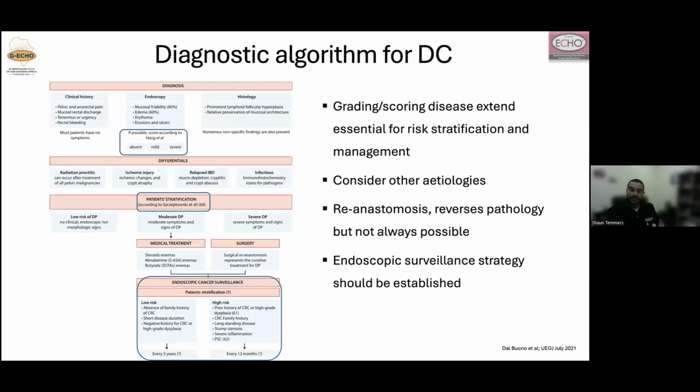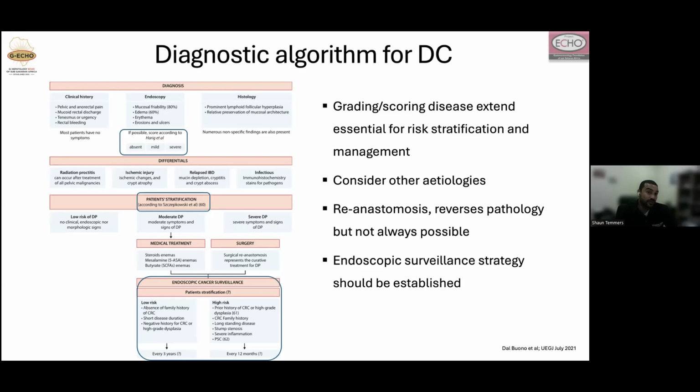So again, the UEG proposed a treatment algorithm for patients that present with symptoms and clinical features suggestive of diversion colitis. The important part to take from this algorithm is that once you have these patients, you should apply a grading or score system and score the extent of the disease so that you can risk stratify these patients.